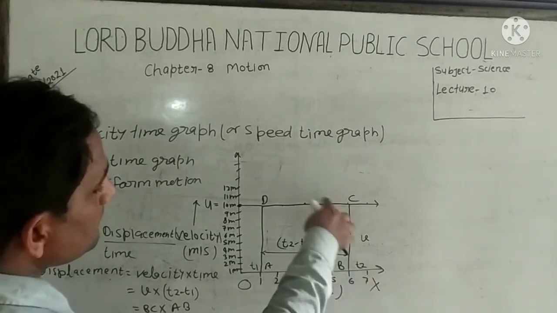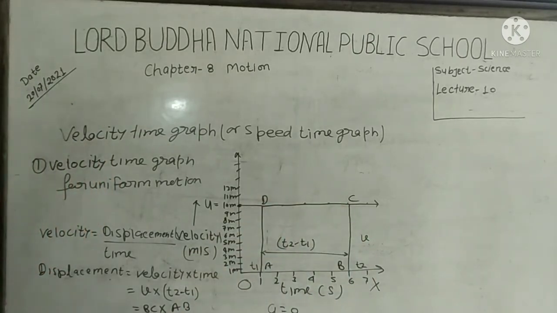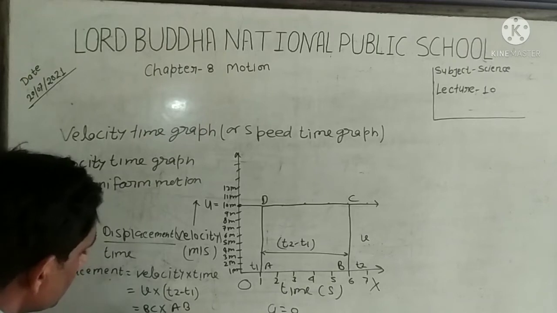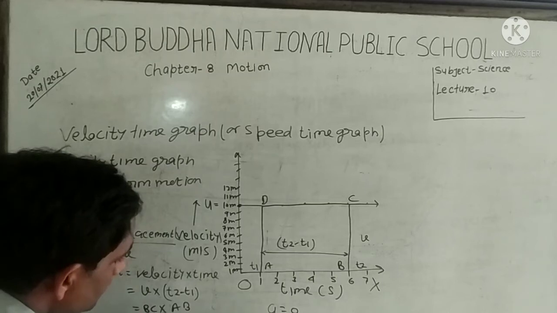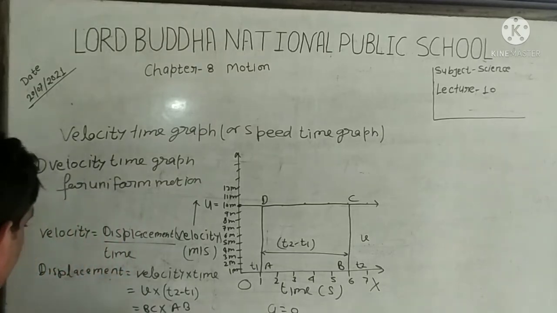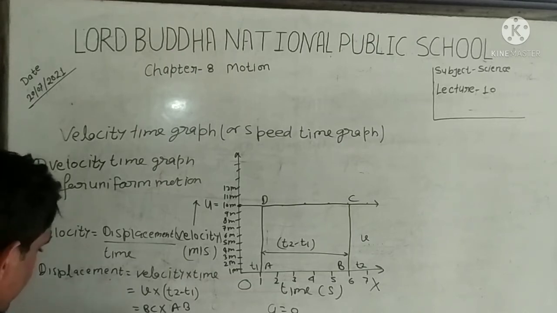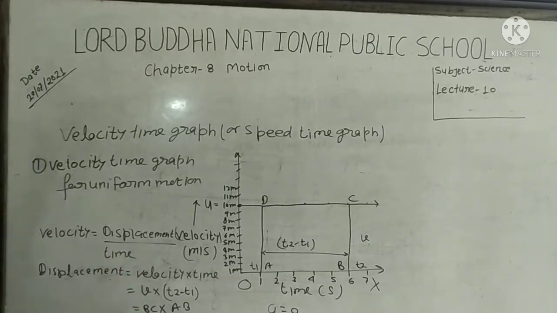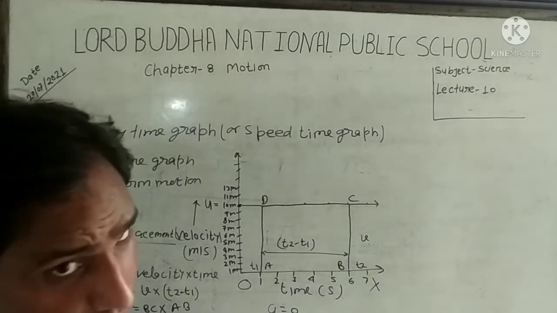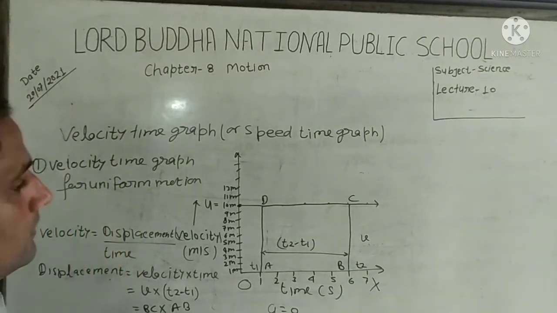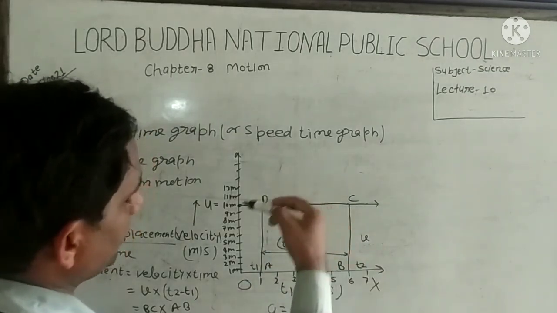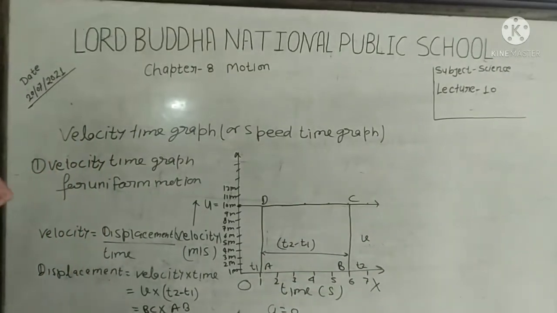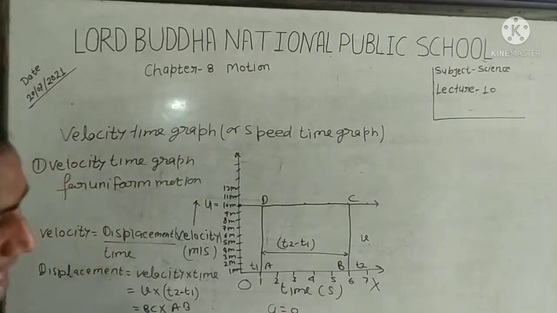BC into AB is the area of rectangle ABCD. This is the displacement. We see from the velocity time graph that the area under the velocity time graph and the time axis gives the displacement for the given interval of time.